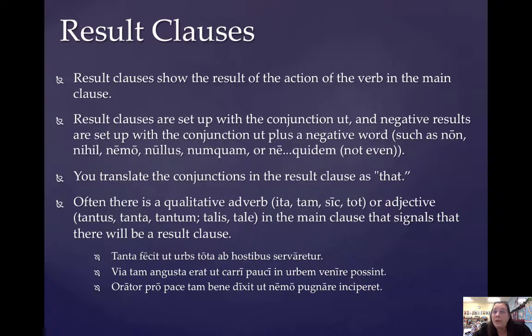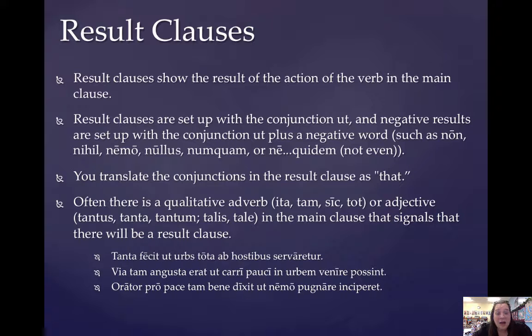There are so many people, tot. The something was so big, tantus, tanta, tantum, or so great. He was such a good dancer, talis, tale. And these are all the signals, the tip-offs that you're going to have a result clause that follows.